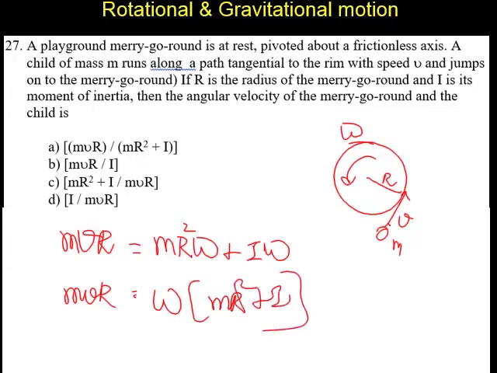So omega from this equation is mvr divided by m r square plus I.